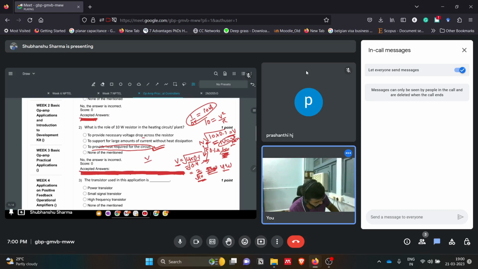So the maximum current it can withstand will be V upon 0.1. This V has dropped now because the power rating has dropped, so this whole thing will drop. So we will get a lower value for the maximum current which this resistor can withstand. I think based on this discussion, you can answer this question.